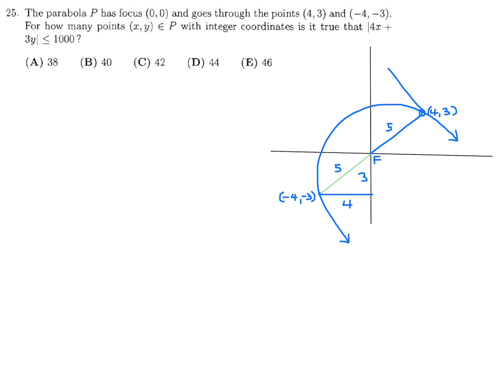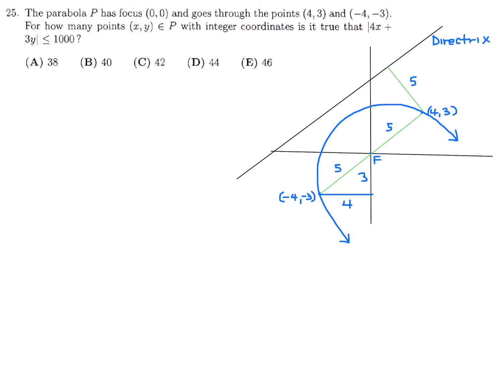So let's draw an approximate place for that directrix, approximately there. To recap, the distance from that point to the focus is 5, so this distance to the directrix has to be 5 also. This line is the directrix.